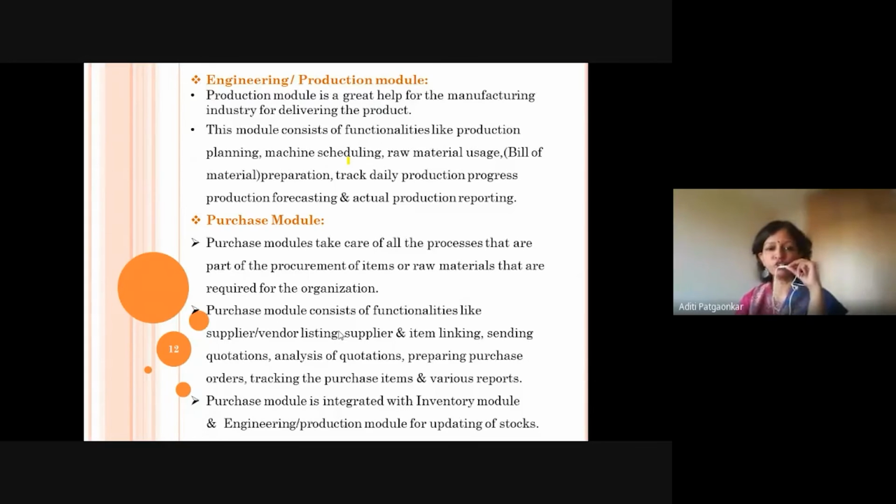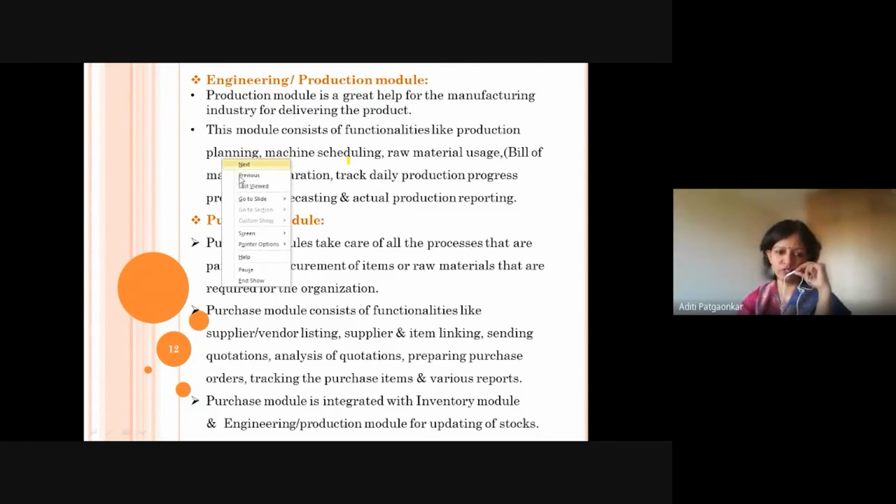All the production-related activities like machine scheduling, raw material usage, preparation of different daily reports, stock maintenance, and various production work-in-progress activities are generally handled by this module, which is known as the production module of ERP.